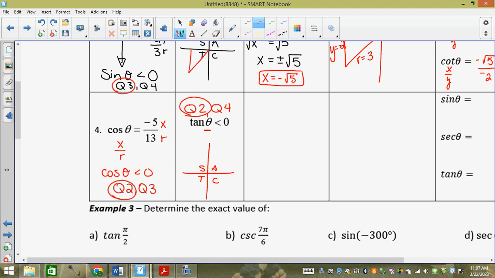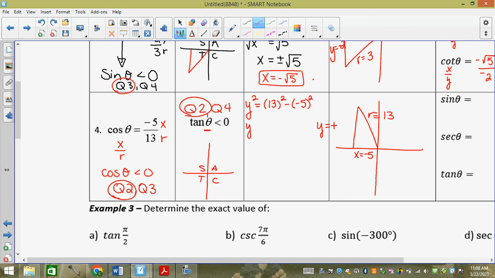So I know I'm sitting in quadrant 2. And I know my x is negative 5. I know my r is 13. And I know my y is positive something, because I drew it in quadrant 2 and I know my y's are positive there, right? So I get y squared equals 13 squared minus negative 5 squared.